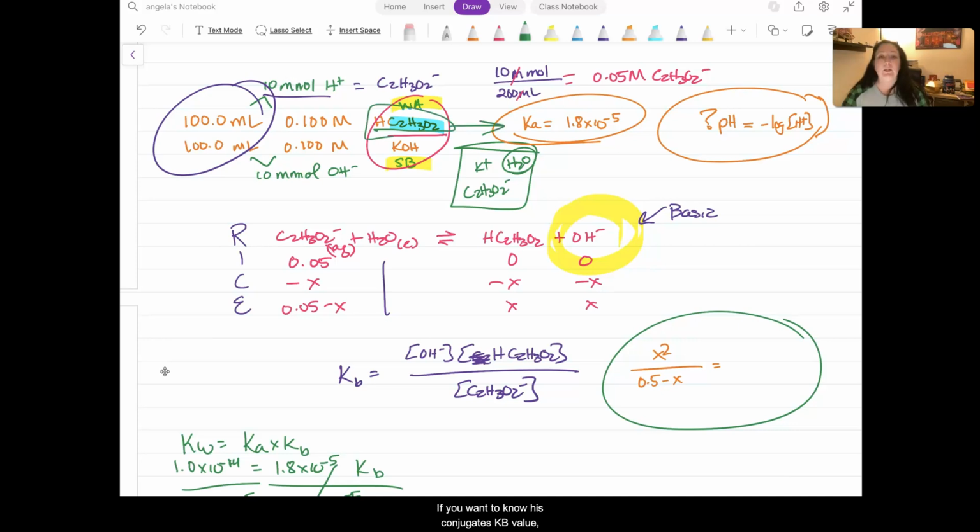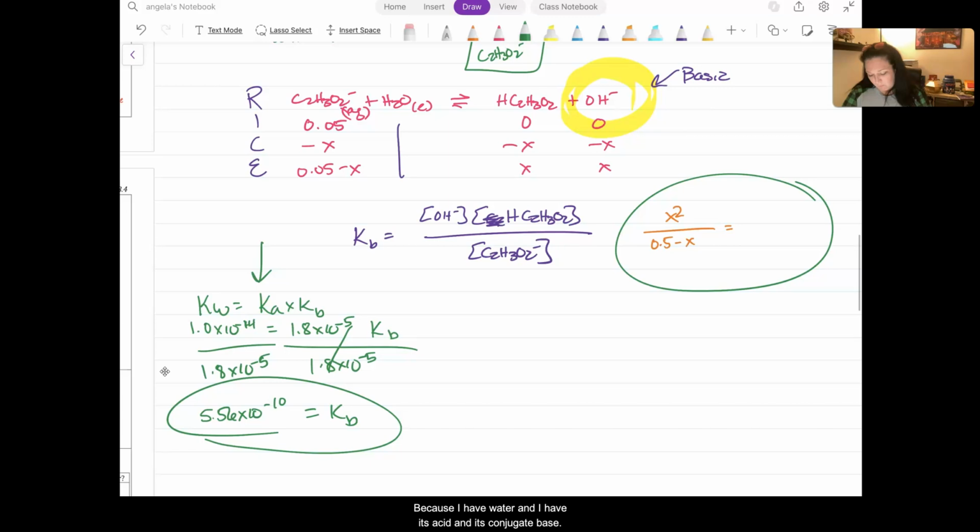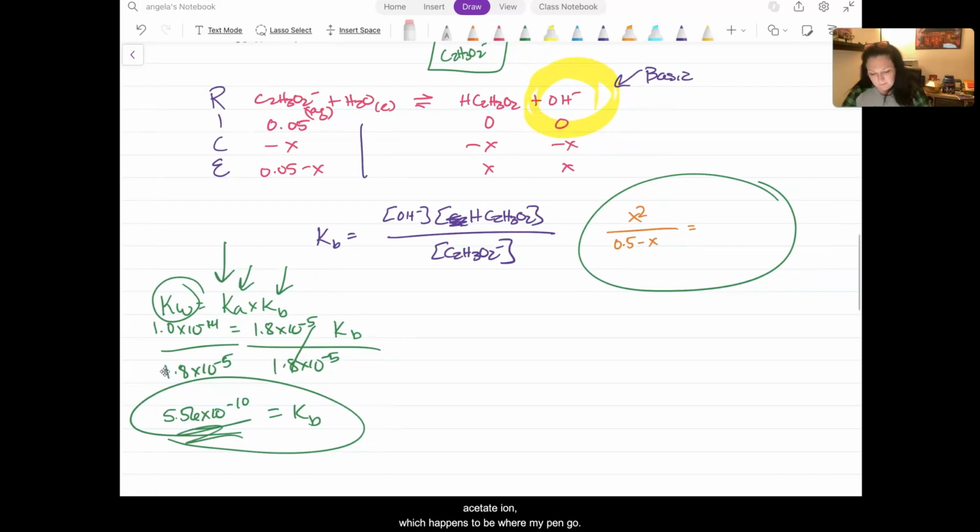If you want to know its conjugate's Kb value, then you plug into this equation, because I have water and I have its acid and its conjugate base. So I can do my calculations and find the Kb value for the acetate ion.